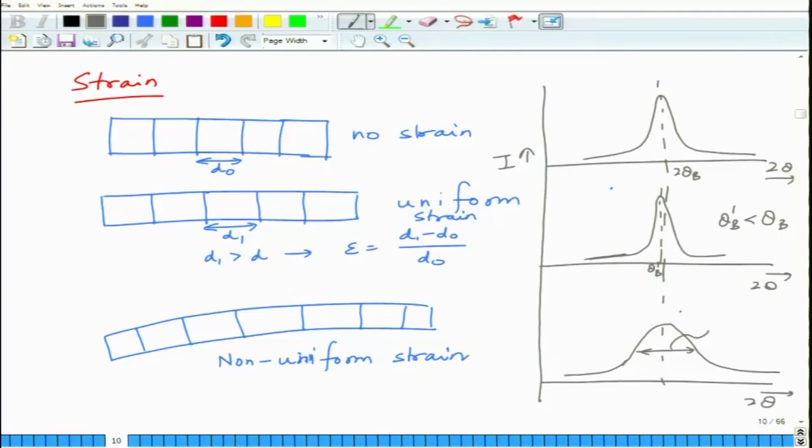So, let us say this broadening is characterized as B, which is basically delta 2 theta, and this is essentially equal to minus of 2 delta d divided by d into tan theta. This can be just obtained by differentiating the equation lambda is equal to 2d sin theta. Okay. So, this is the strain determination that you can do.